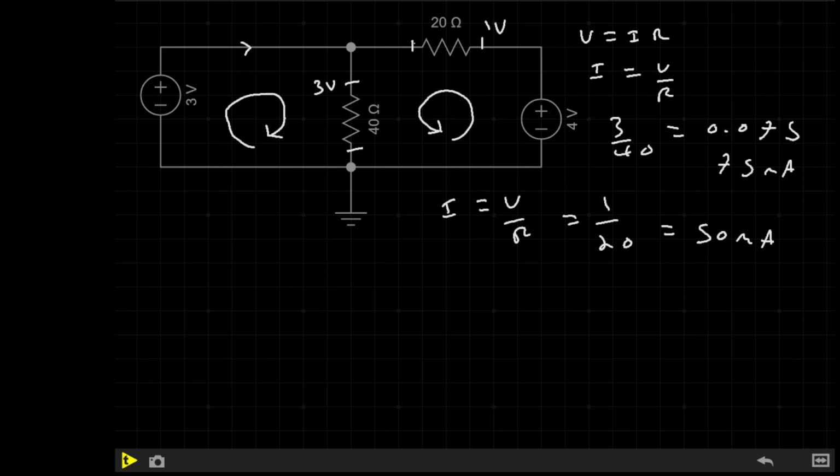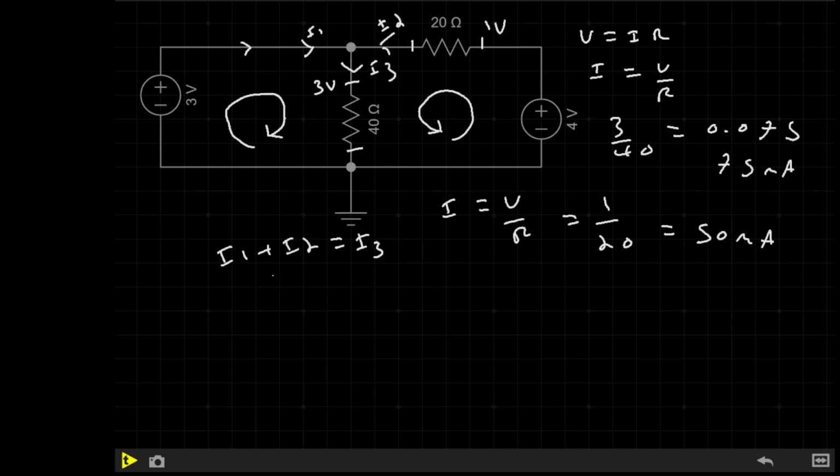Now, there's only one more thing we don't know. We don't know the current flowing through here. So for this, let's use Kirchhoff's current law. So if we say the current flowing into here is I1, current flowing into here is I2, the current flowing here is I3, we know that I1 plus I2 equals I3 because Kirchhoff's law tells us that the currents entering a node must equal the currents exiting it.